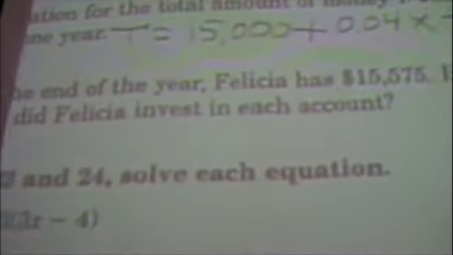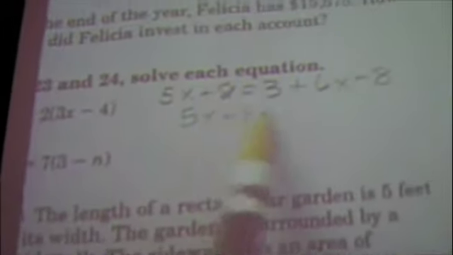When you're solving these equations, be sure that you use your algebra concepts. Whatever we do to the left, we will do to the right. 2 times 3x, 6x minus 8. And I can simplify the right side because 3 minus 8 is negative 5 plus 6x.